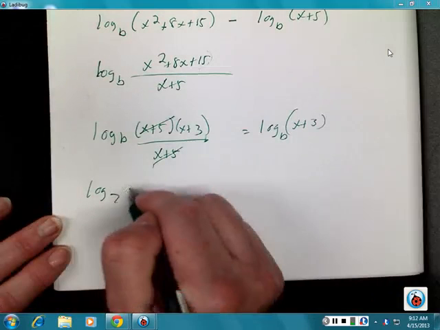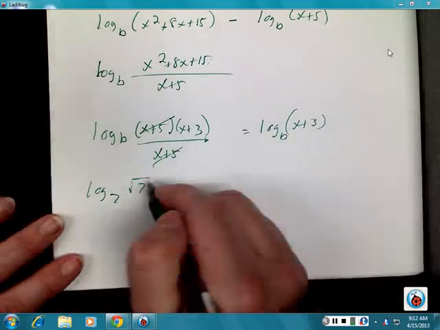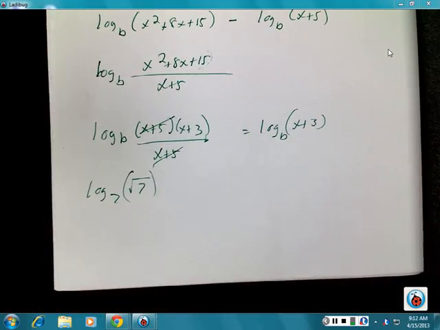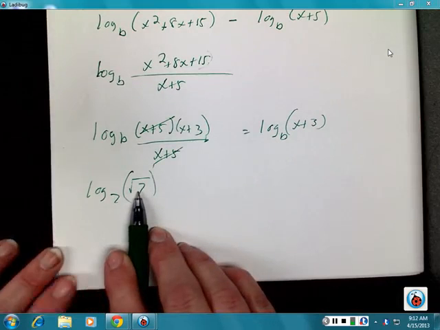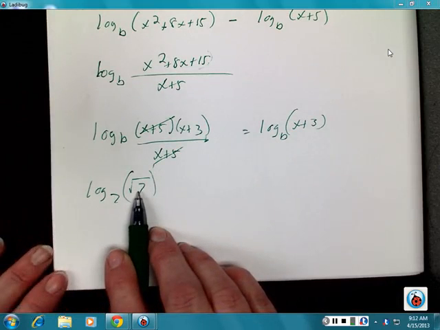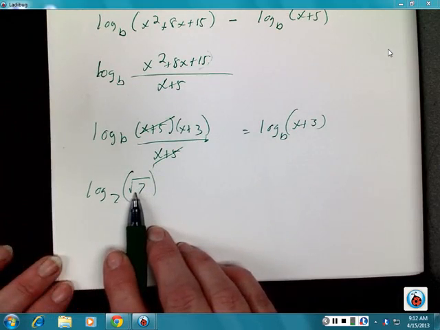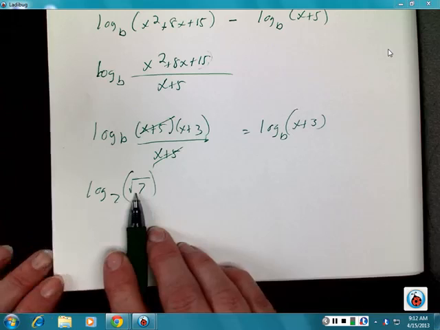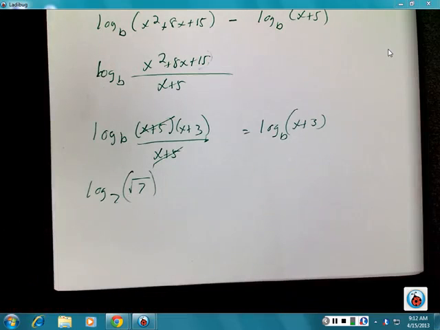Log 7, the square root of 7. What in the world is that going to break out to? Well, what does the square root mean? Square root means, what do you know from way back when? Come on. Square root's as an exponent.